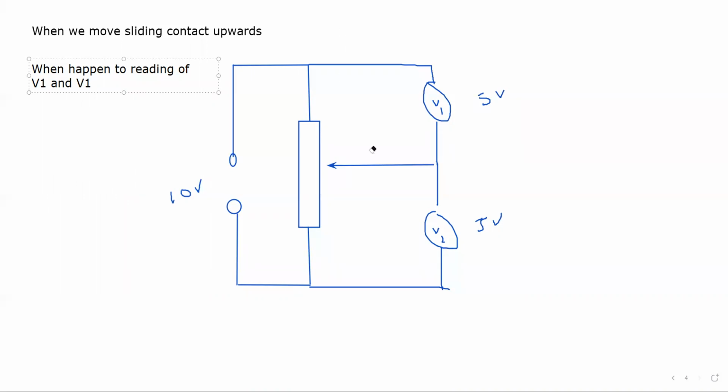Like in the beginning it is at the center, but now I move it up. So I reduce this. So what happened to V1? Because V1 is across the shorter side, parallel to the shorter side, the reading of V1 will decrease and the reading of V2 will increase. Is it clear? The working of variable resistor.